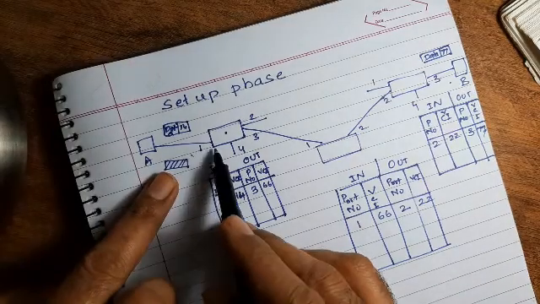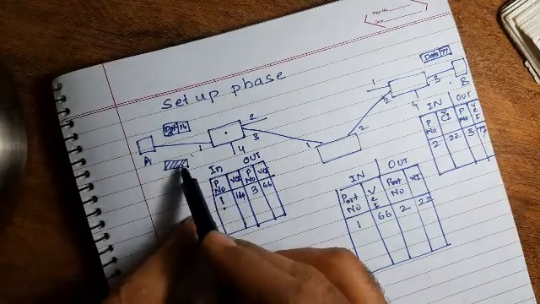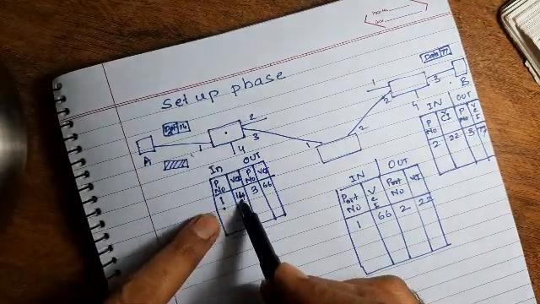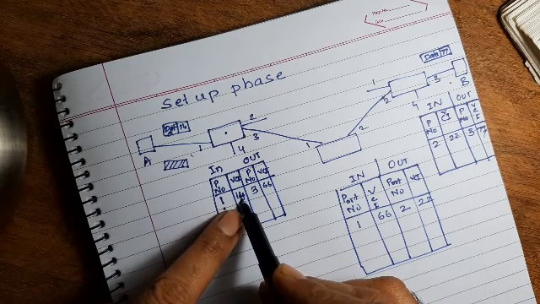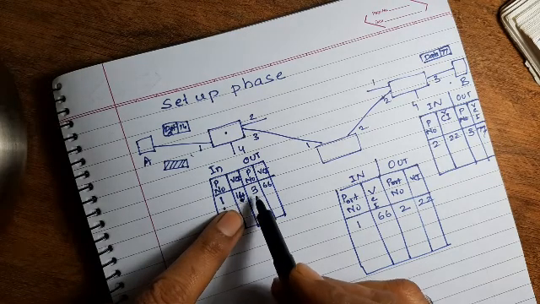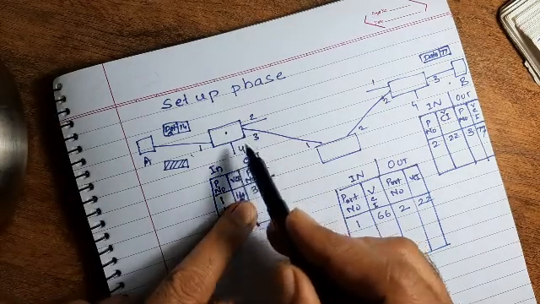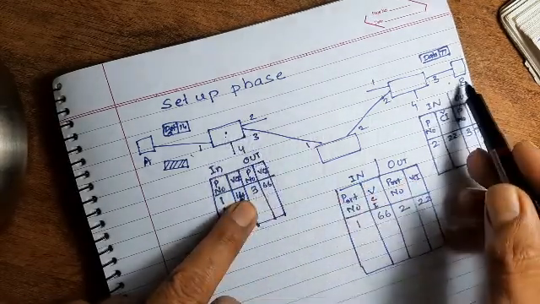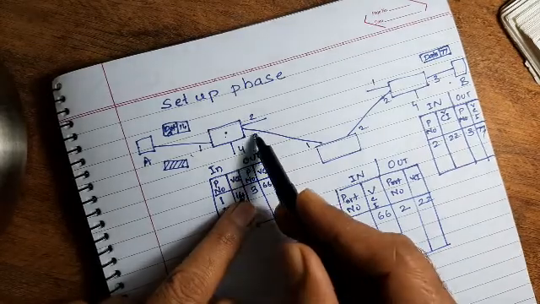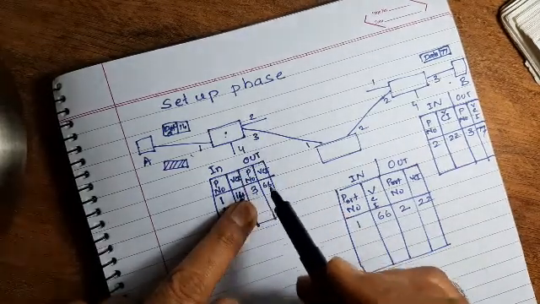It is entering through port number 1 and it will have a virtual circuit identifier of 14, and the next entry, the outgoing port, which is decided based on the destination address, was decided here as 3, and it is entered over here.